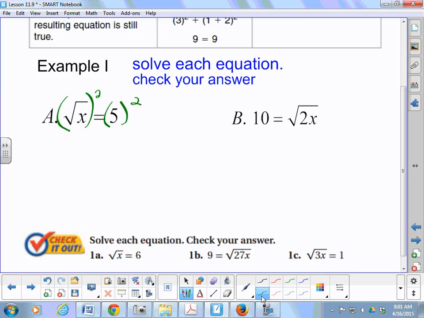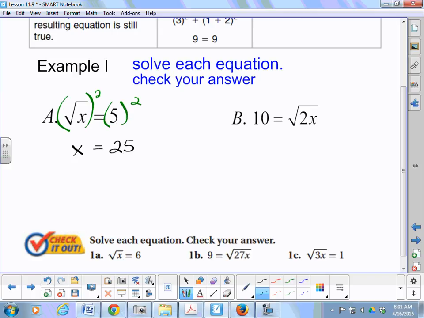So these two things undo each other, the square root and the squared. So we get x left on the left-hand side and 25 on the right-hand side. It's going to be very important that while you're working through these that you do check your answers.